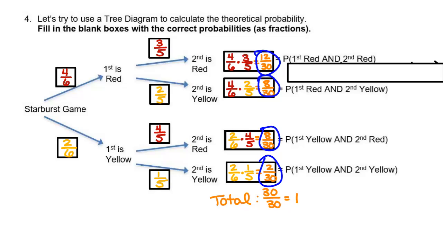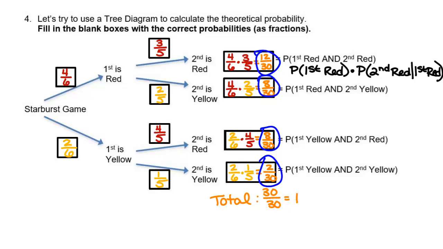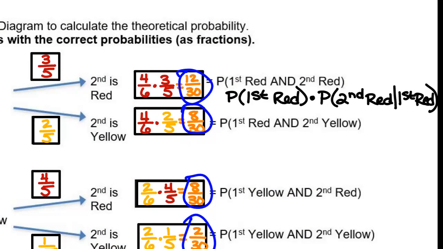And so the general rule for how we find an intersection, an and, is we take the probability of our first event, and then we multiply it by the conditional probability. We multiply it by the second is red given the first is red. So you take the probability of the first event times the conditional probability for the second event.